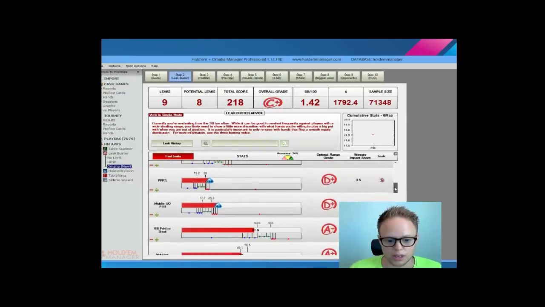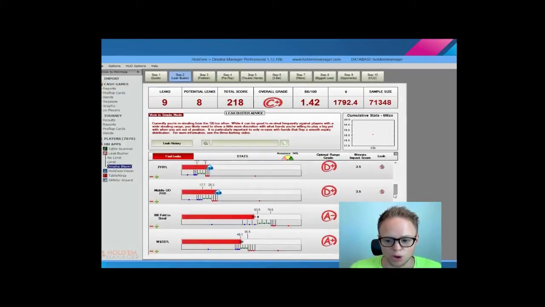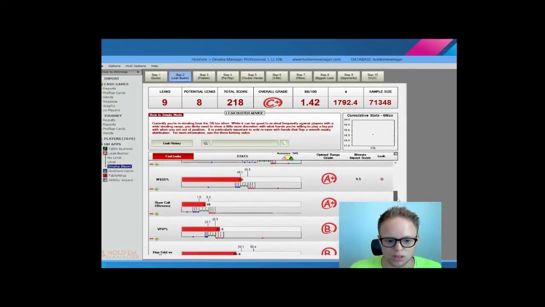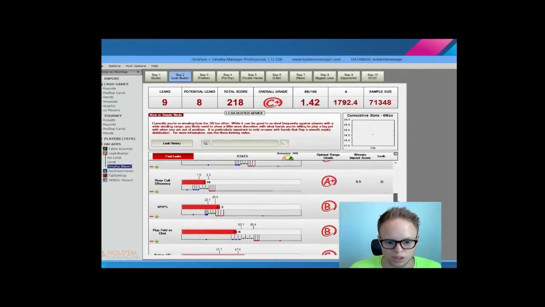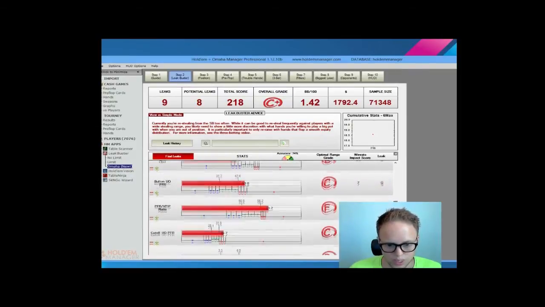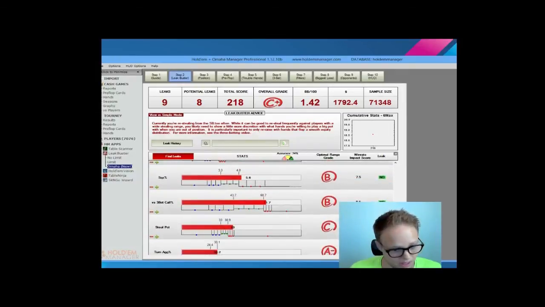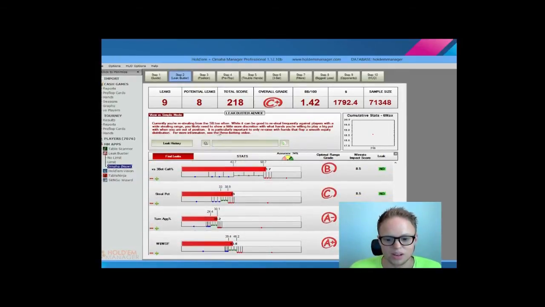I'm not going to go over all the functions here in Leak Buster because it's going to take weeks. You can go over everything.